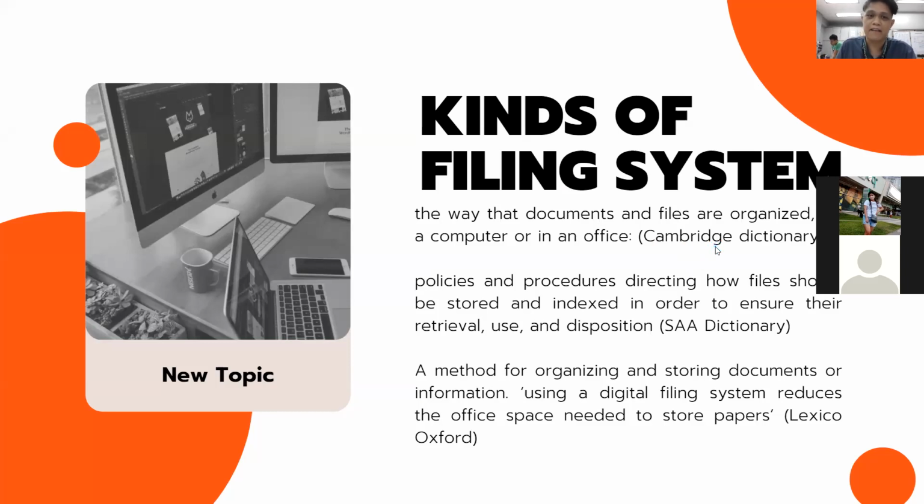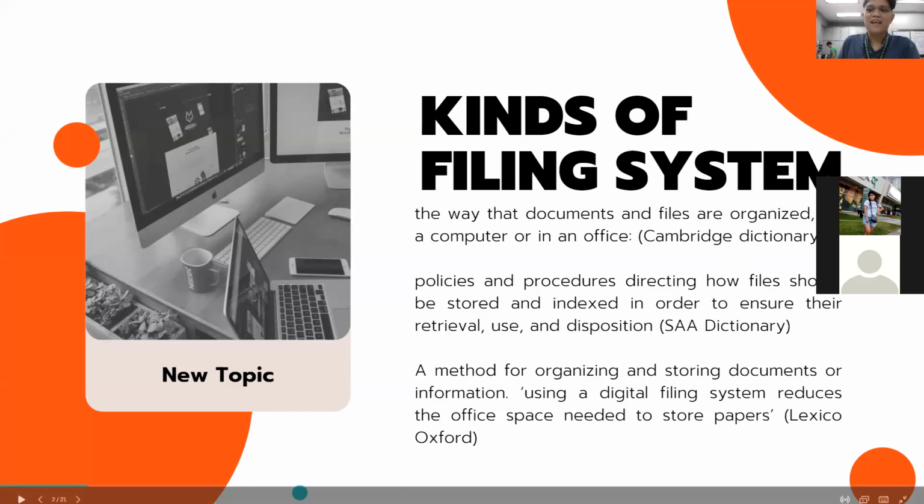And explained by Lexico Oxford, a method for organizing and storing documents or information using a digital filing system reduces the office space needed to store the paper. So those are different meanings of a filing system.